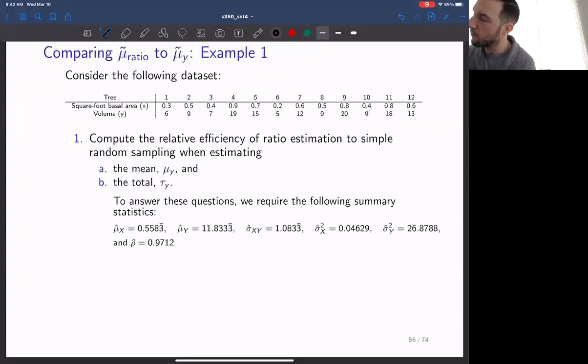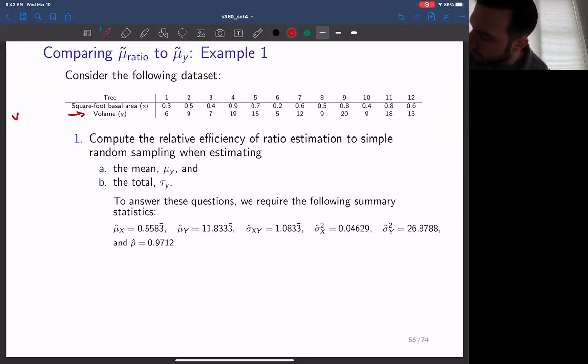Okay, so in part 1A, we have the following data set. We have 12 observations here. We have the square foot basal area of each tree, and then we have the volume of each tree. We're interested in the volume. So this is going to be our variable of interest.